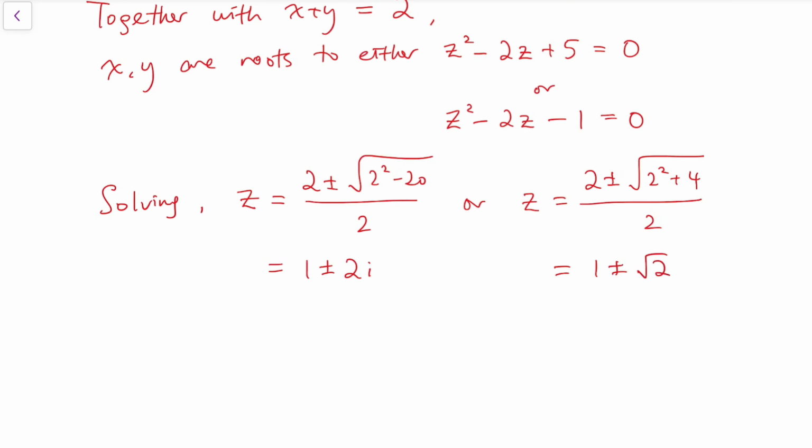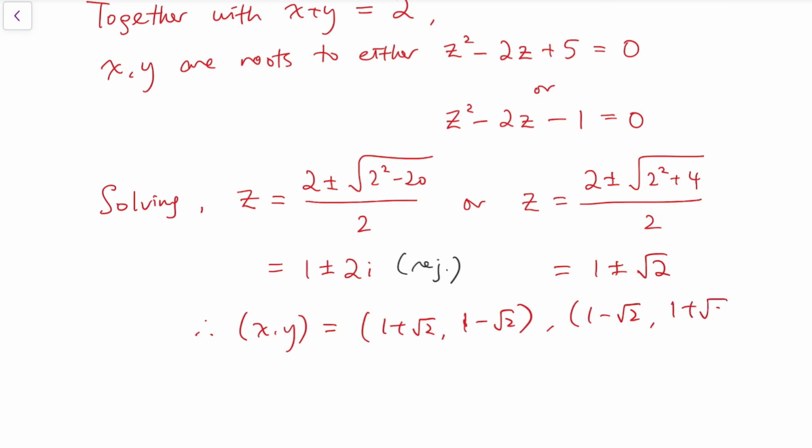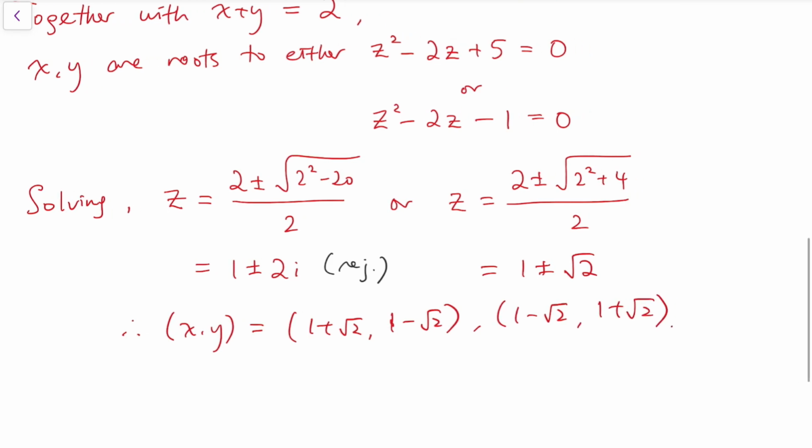Now the first two solutions are not real numbers, so I have to reject them. Of course, if we are asking for real or complex solutions, they can be accepted too. So either x is 1 plus root 2 and y is the other, or the other way around. So that's the answer for the system of equations.